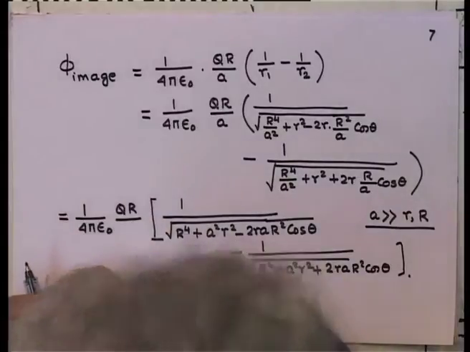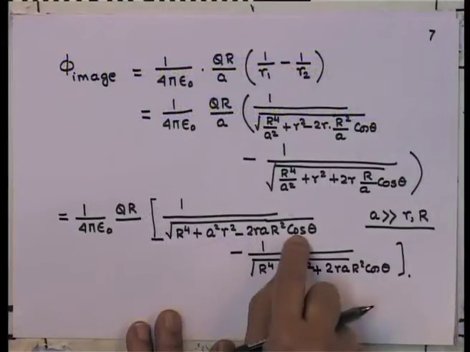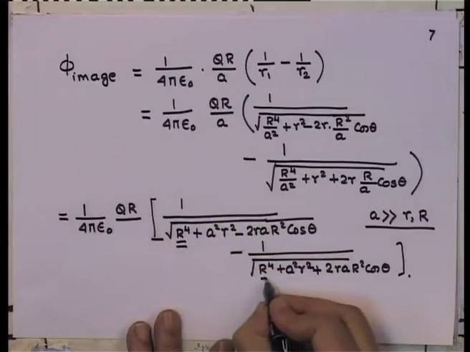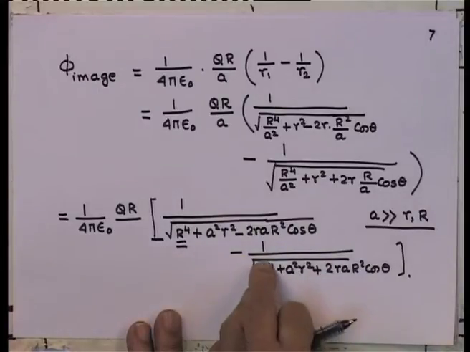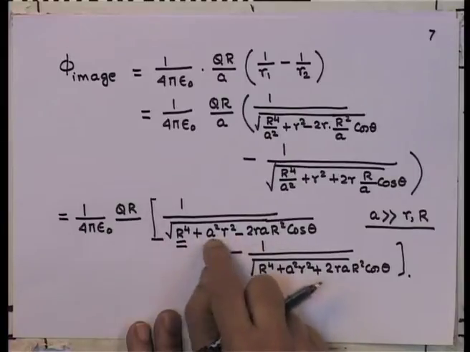So, what we do is this: of course, we realize that these two terms have an a in them and this term does not have an a. So, at a first approximation I ignore that and then I pull out a square r square.